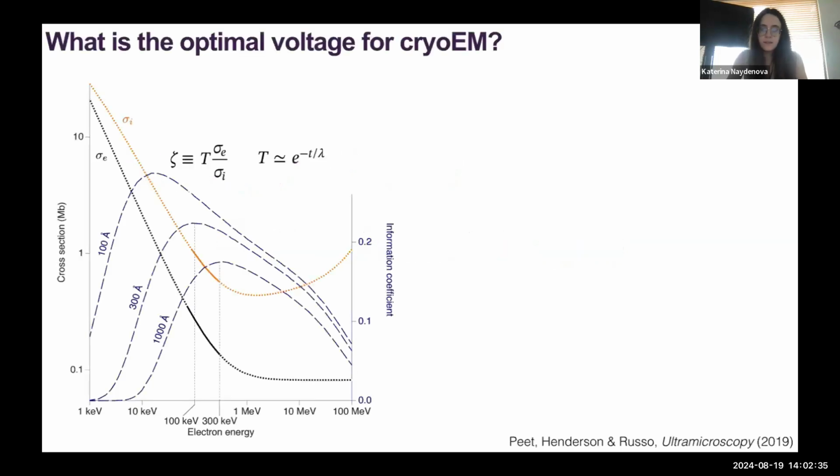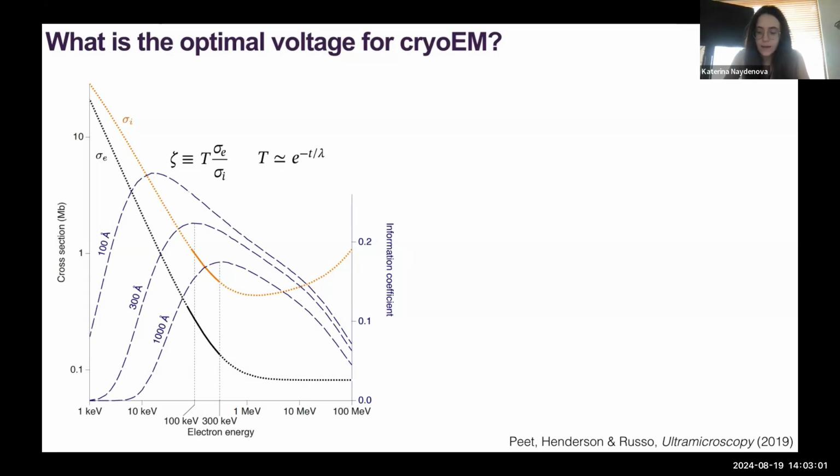So let's take a step back, and before we actually talk about any microscopes, just consider if we are going to do electron microscopy on biological samples, what is actually the optimal accelerating voltage to use? Currently, most of the instruments use 300,000 electron volts as an accelerating energy.